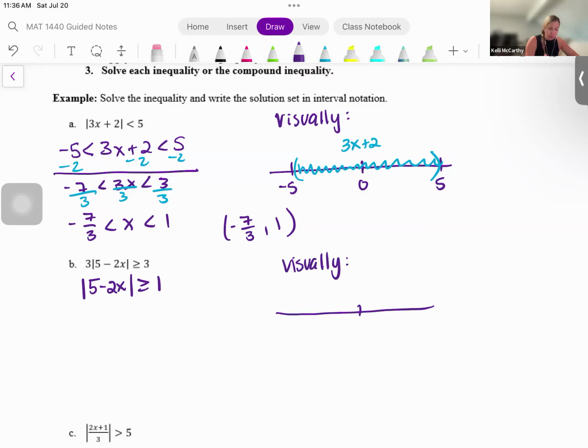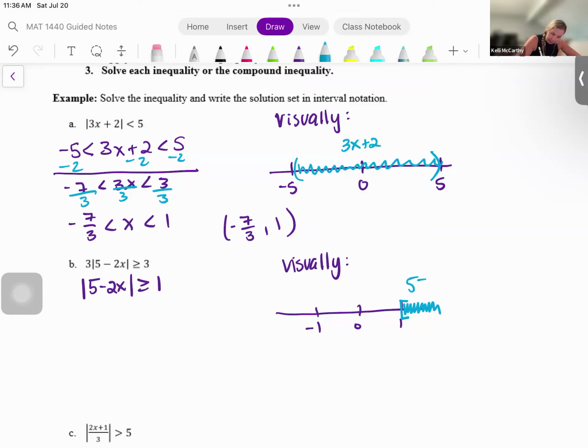All right, so let's think about what this is saying visually. What it's telling us is that this 5 minus 2x is more than 1 unit away from 0. So we have our number line centered at 0. Here's positive 1, here's negative 1. Both of those are exactly 1 unit from 0. So this 5 minus 2x can be 1, or it can be anything more than 1, because everything more than 1 is going to be more than 1 unit from 0.